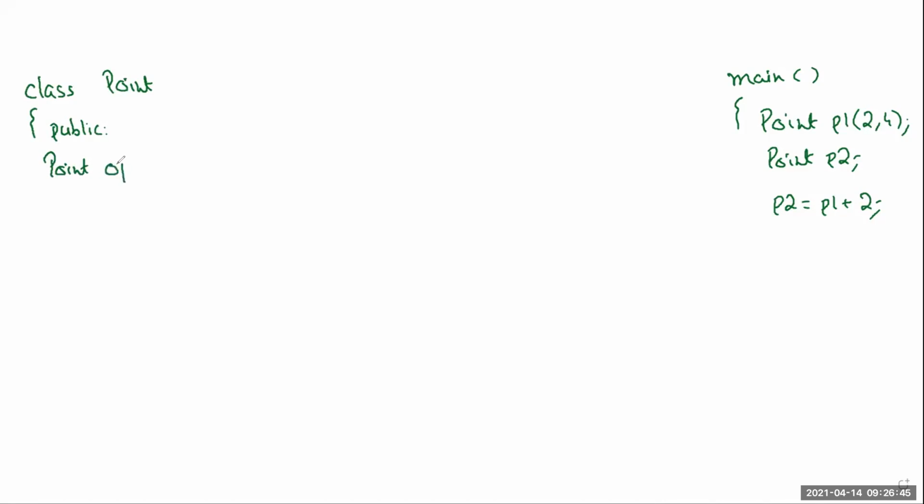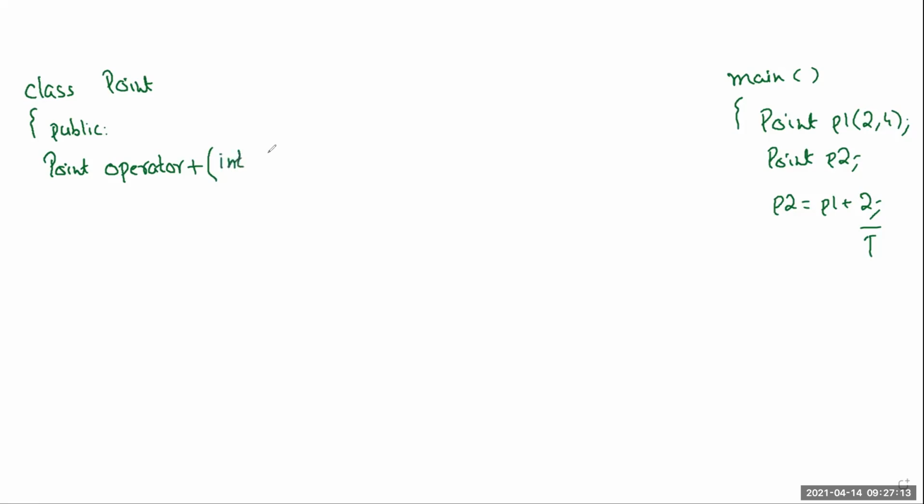Name of the function is operator plus. Okay, now it is a member function. How many arguments? One argument. And what do you pass as an argument? You pass as an argument whatever is on the right side. Because the function is called for p1, and what is on the right side, we pass it. Previously on the right side there was a point, so the argument or input to this function used to be a point, but now it is an integer, right?